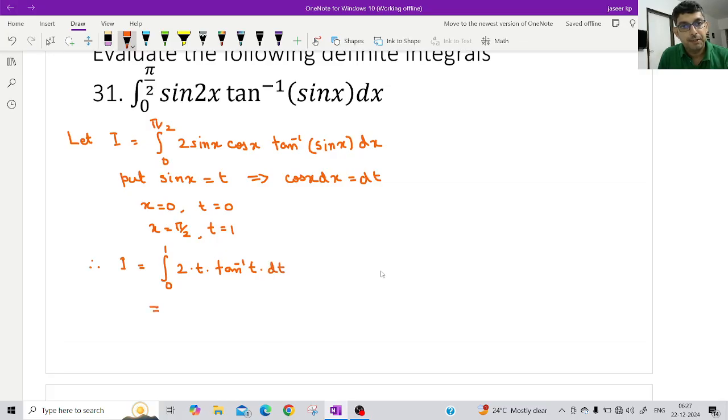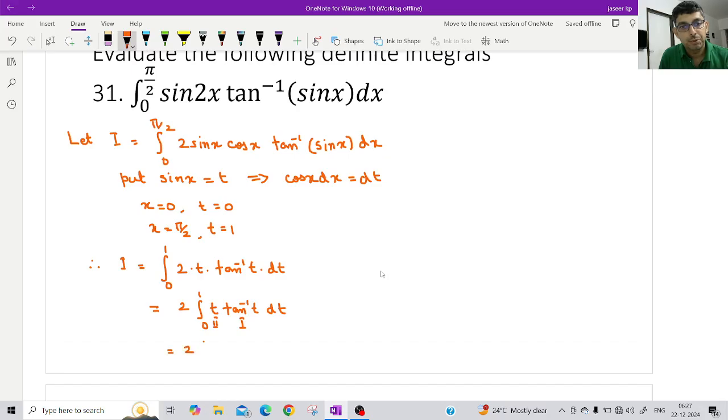So 2 can be taken outside. 0 to 1 t tan inverse of t dt. So this can be integrated by parts. Tan inverse t as the first function, t as the second function.